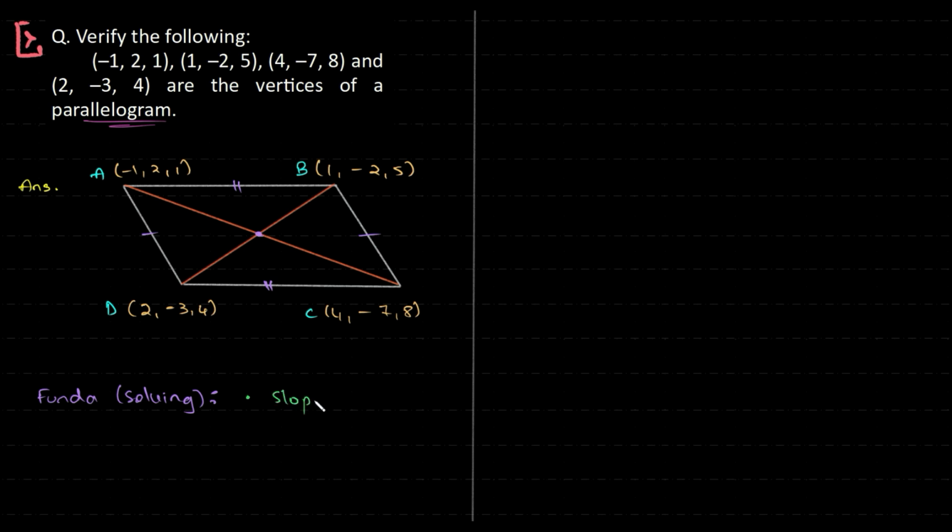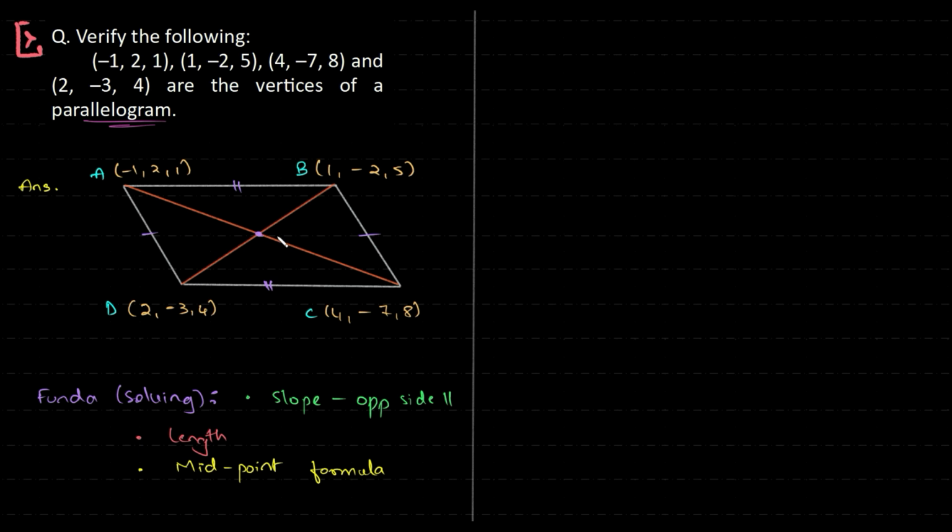One is slope, that is, prove opposite sides are parallel. Next is length, that is, opposite sides are equal. Then the midpoint formula, that is, the diagonals bisect each other at this point, so this is the midpoint for both the diagonals.